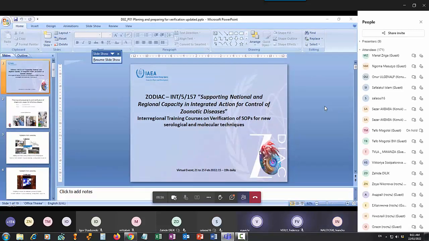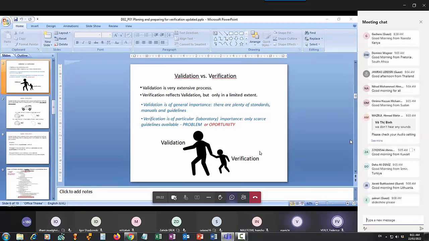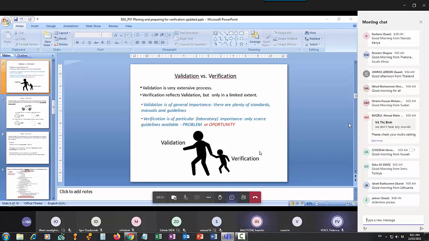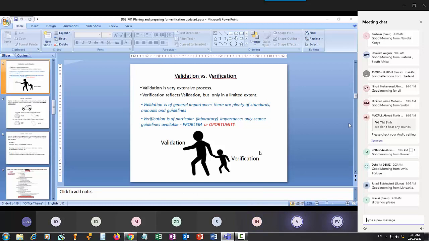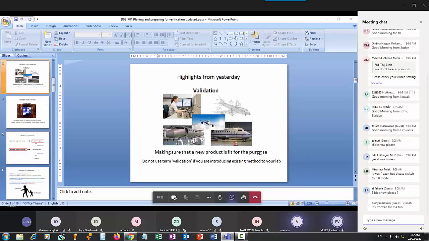Vladimir, sorry. Yes. Vladimir, I think your screen is frozen. Can you please switch off the sharing and then switch on again? Okay. How do you see it now? Is it okay? Yes, it should be okay. Validations vs verifications is the slide. Have you seen previous slides? No, it was frozen on the first slide only. I'm not sure if it was frozen for all, but it was frozen. Maybe you go rapidly through the first slides again. I'm not sure if the others could see everything. Okay, yes. I'm sorry, Vladimir. I think maybe it's better if you press F5 or make it a slideshow, so it's bigger also. Yeah, let me see. Okay, is it okay now?